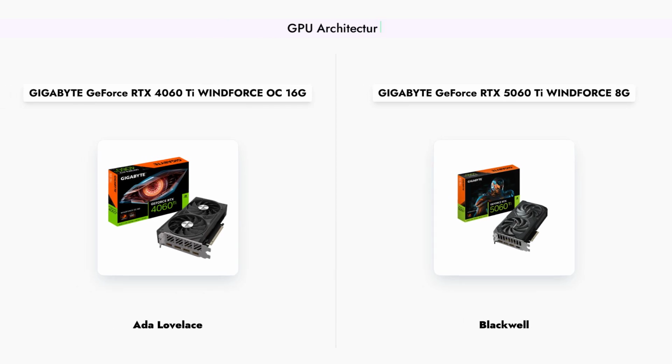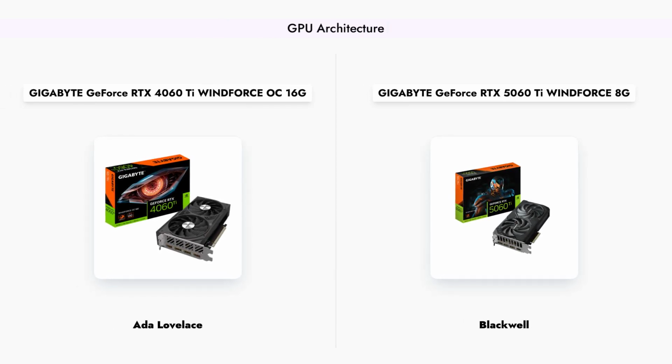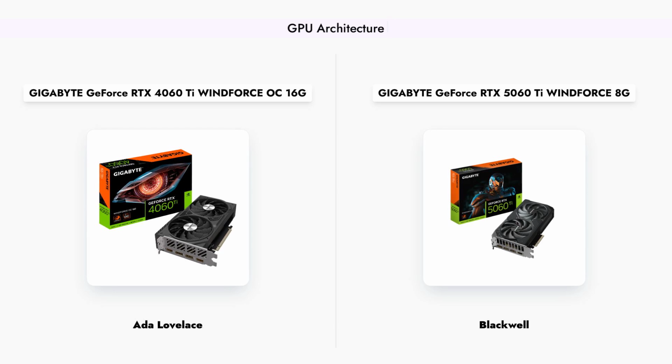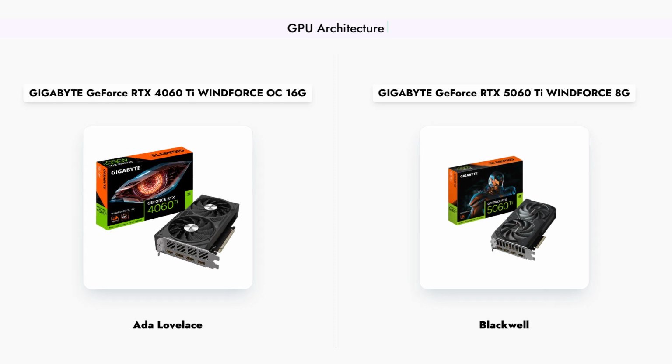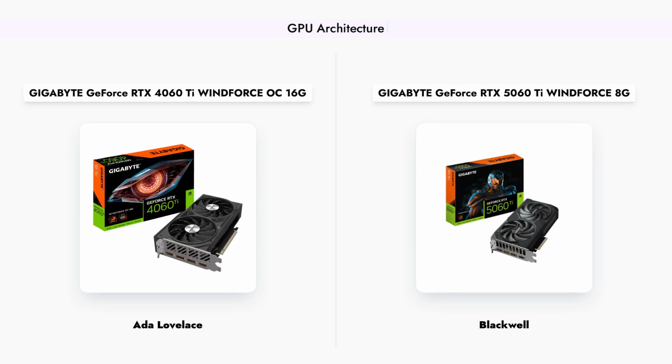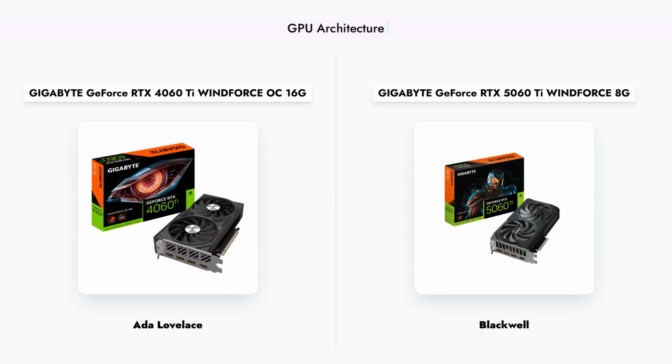The GIGABYTE GeForce RTX 4060 Ti is built on the Ada Lovelace architecture, which enhances performance and efficiency, particularly in ray tracing and AI tasks. In contrast, the RTX 5060 Ti utilizes the newer Blackwell architecture, which is designed to leverage advanced features and optimizations for modern gaming.